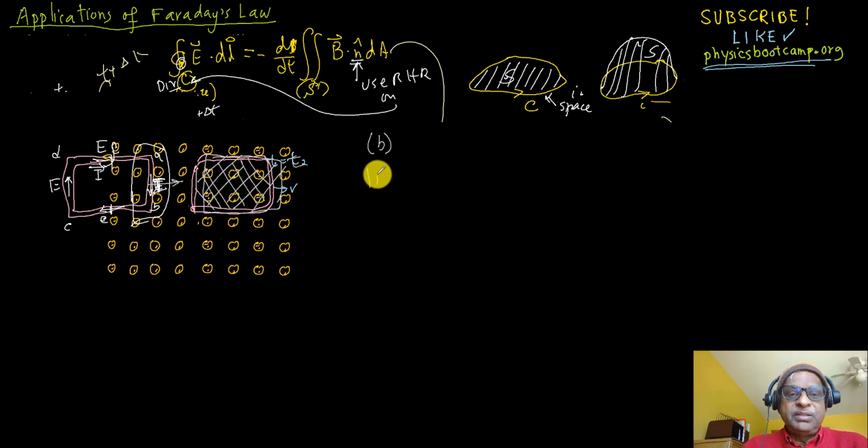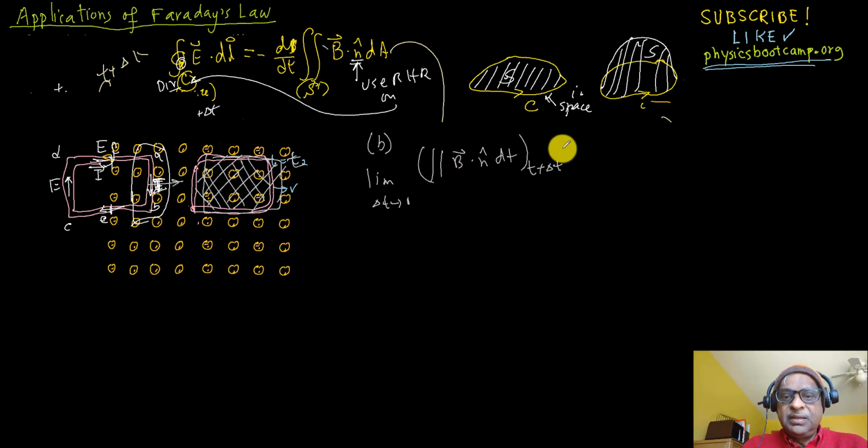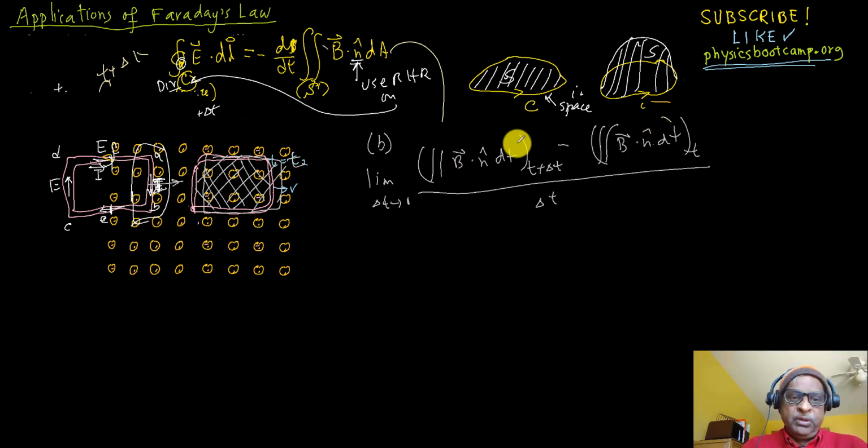So if I take the limit as delta t goes to 0, the integral of B dot n hat dA at t plus delta t minus the same thing at t, divided by delta t, these two are exactly the same. There's no difference, so that's equal to 0.